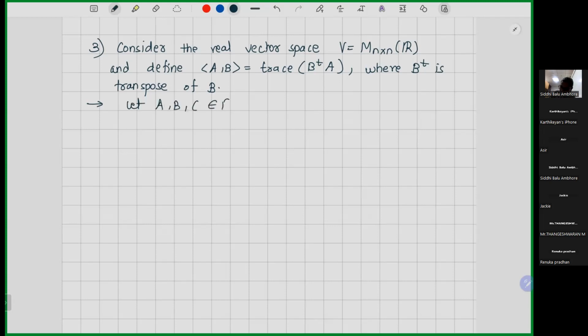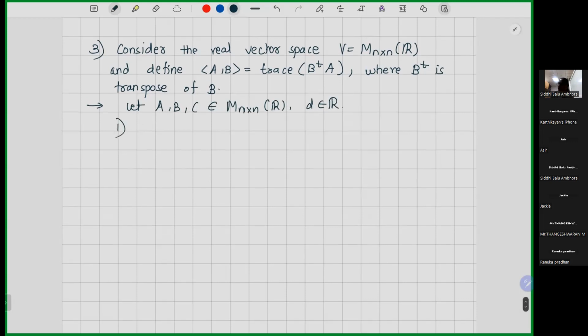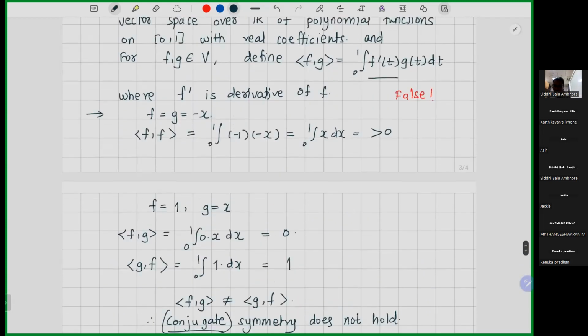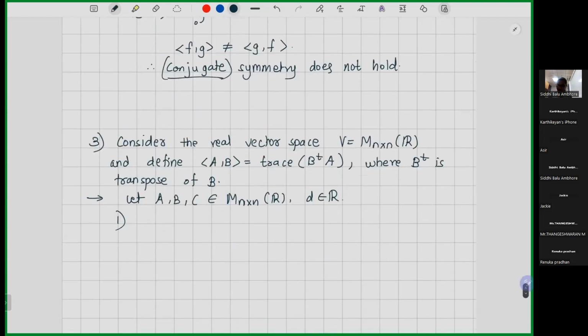Let A, B, C be in M_n(R), and let us take D to be a real number, I mean a scalar from R. Then, did we check scalar multiplication? Okay, yeah, we checked.